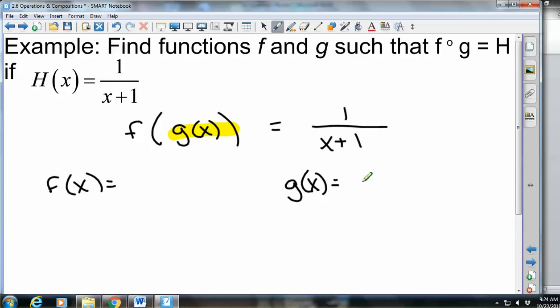Yeah, it's the denominator. If you plugged in a 5, what's the first thing you would do? 5 plus 4. So that's like your inside. So that's our g of x. Okay, since we are undoing our composition, if you take that out and just replace it with an x, what's my f? 1 over x.